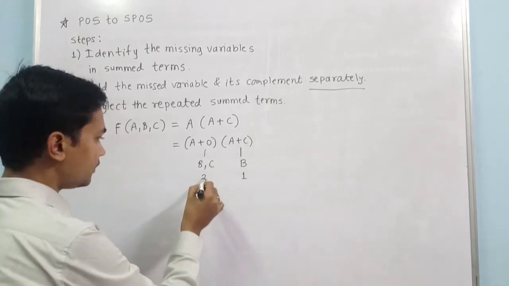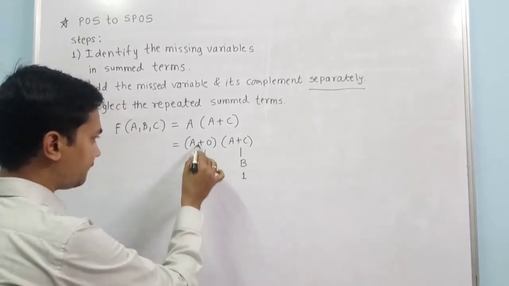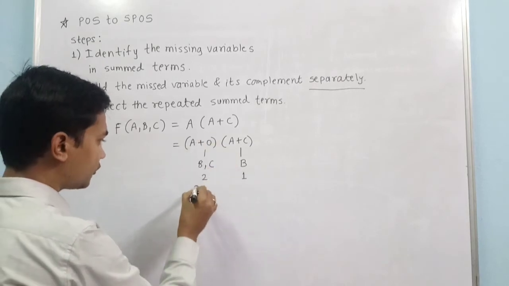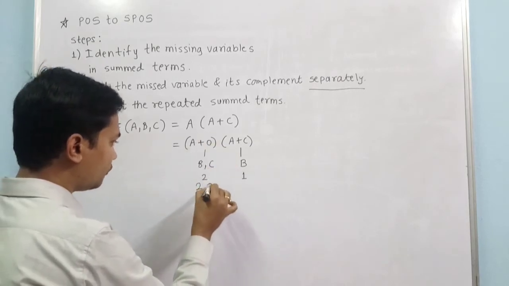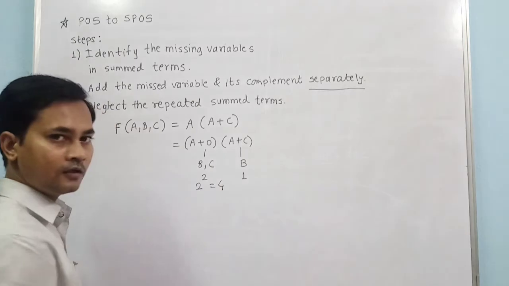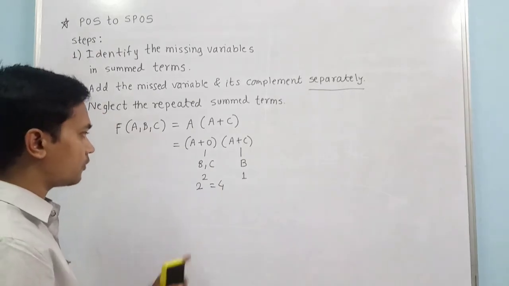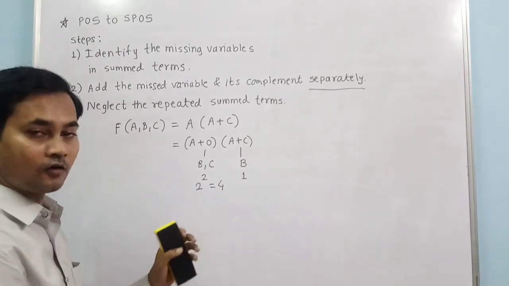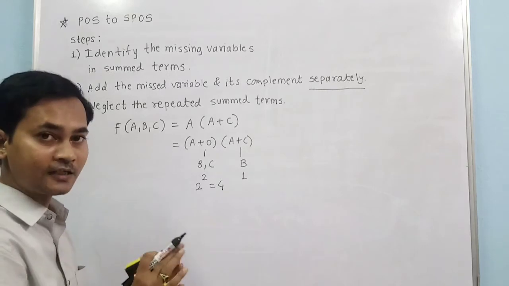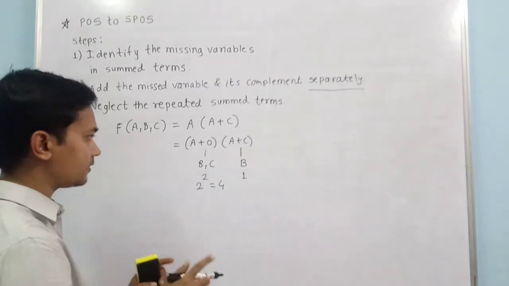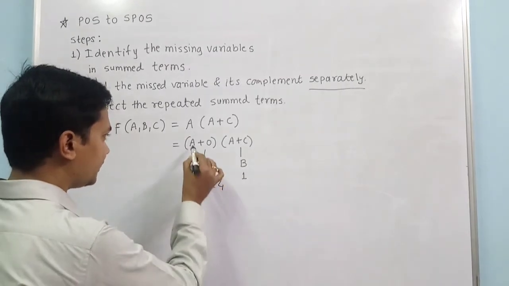Now two variables are missing in the first summed term, so 2 raised to 2, that is 4 combinations, have to be added in the first term.